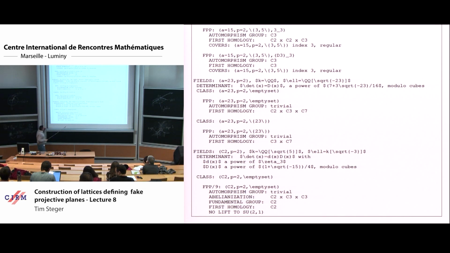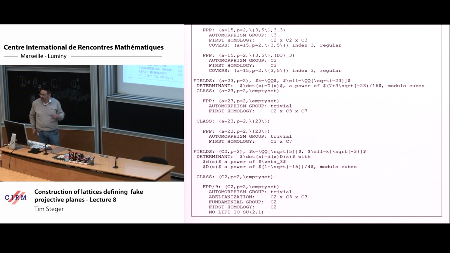Now, in the other cases, I just wrote an A, like A equals 7, and that corresponds to K is just Q, and L is Q adjoining the root of minus 7.